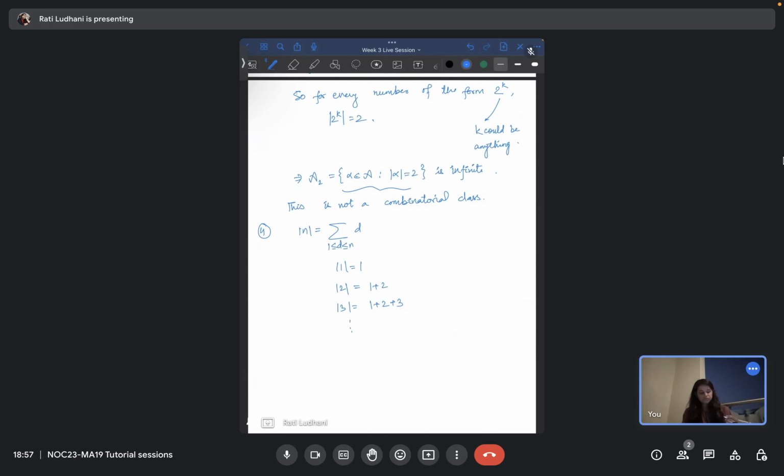So what you are getting is 1, then 3, using the n into n plus 1 by 2 formula, so this is 2 into 3 by 2, which is 3, and similarly 3 into 4 by 2, which is 6. You can also write this as n plus 1 choose 2, in any form.